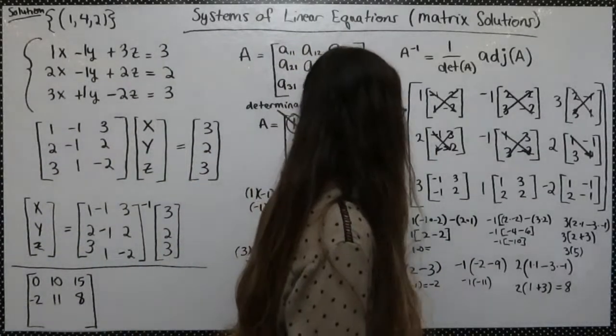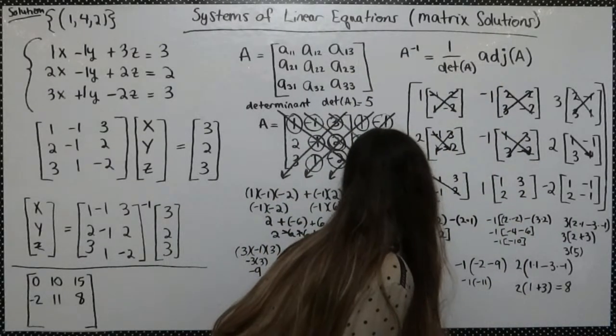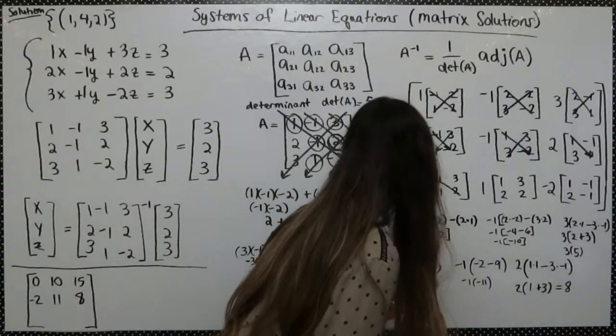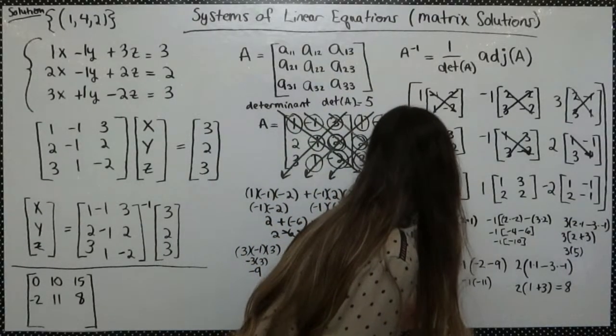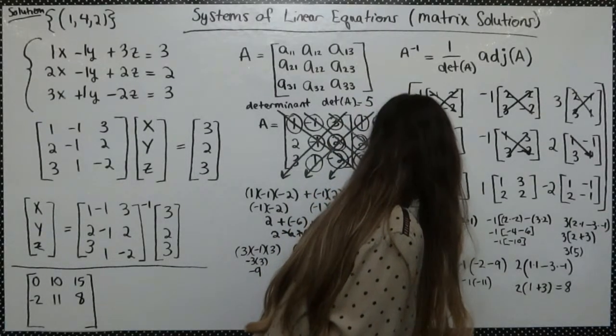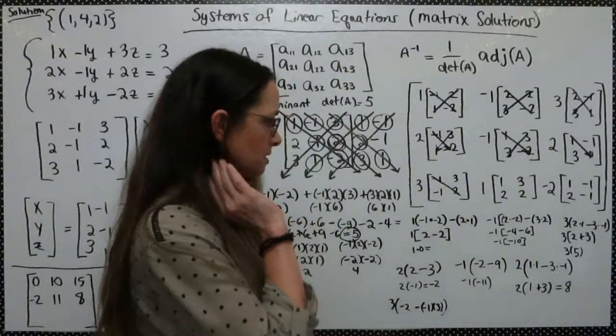And we've got this one here. So we've got 3 times, let's see, -1 times 2 is -2. And that's minus -1 times 3. So I'm just trying to keep track of my signs.